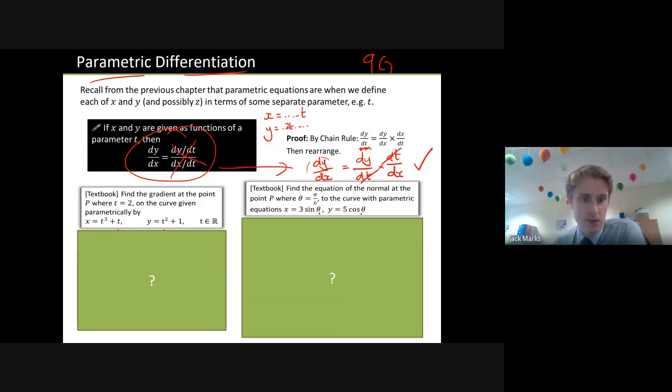Okay, so let's do an example. X in terms of t, y in terms of t. Can you see that if we differentiate with respect to t, we're going to get dx over dt equals 3t squared plus 1. So dx dt is not quite the same.